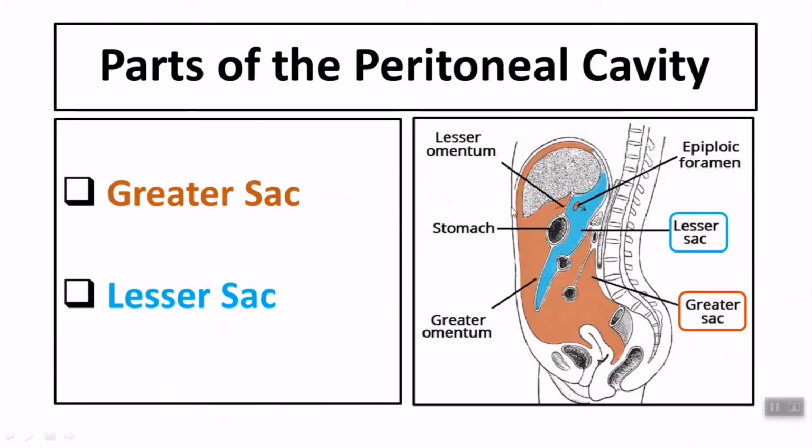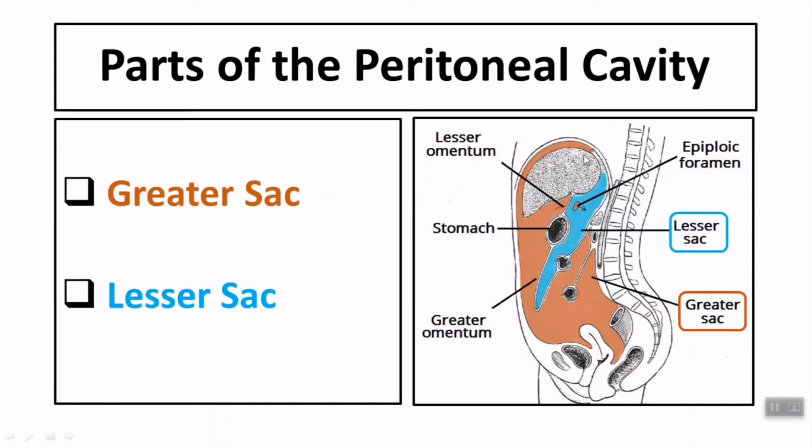We can divide the peritoneal cavity in general into two main parts, the greater sac and the lesser sac. The greater sac, this is the main cavity, and the lesser sac.